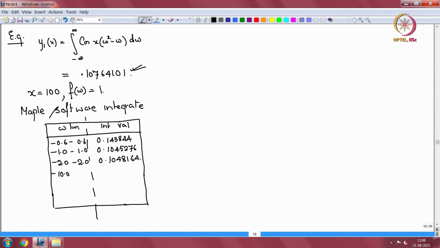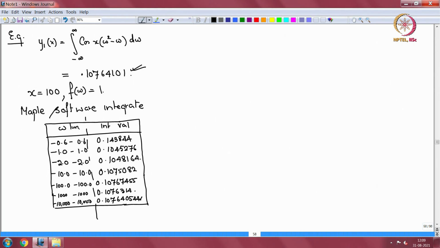Minus 10 to 10, I get 0.1075082 etc. From minus 100 to 100, I get 0.10767455 etc. Speeding it up, minus 1000 to 1000, I get 0.1076314 etc. Then minus 10,000 to 10,000, I get 0.107640544.